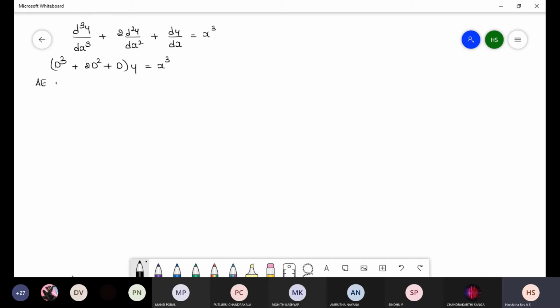Now the auxiliary equation is m cube plus 2m square plus m is equal to 0. From all the terms I take m as common, so I get m square plus 2m plus 1. So m is equal to 0, and this is in the form a plus b whole square. So we get m plus 1 whole square. m is equal to 0, minus 1, minus 1. This is case 1 and this is case 2.